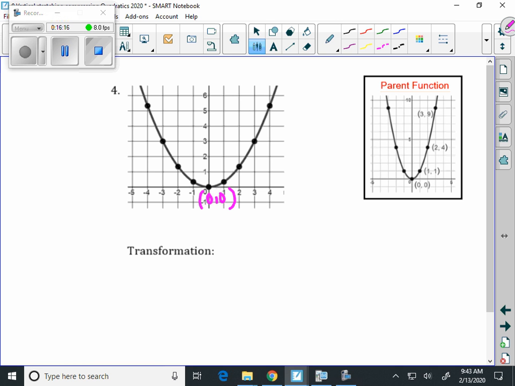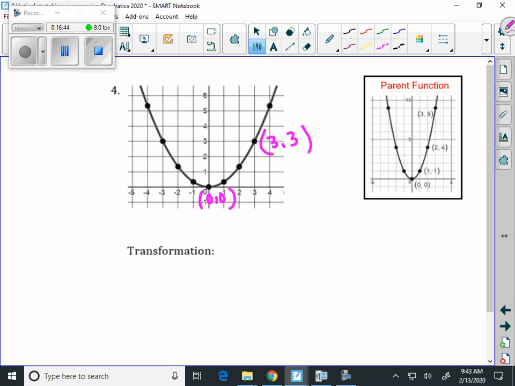Over 1, up a partial value. And it doesn't even look like a half. And if we went over 2, we still can't see, it's a partial value. Again, it doesn't even look like a half. So the next point that we can use is over 3. We went 3 spaces to the right, and we went 3 spaces up. We can tell that point right there.